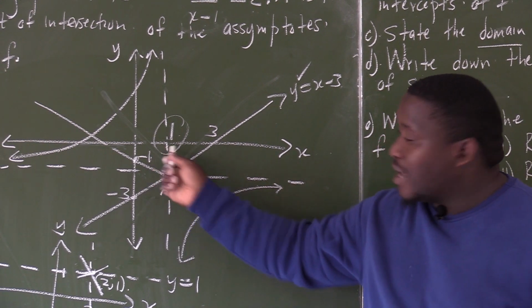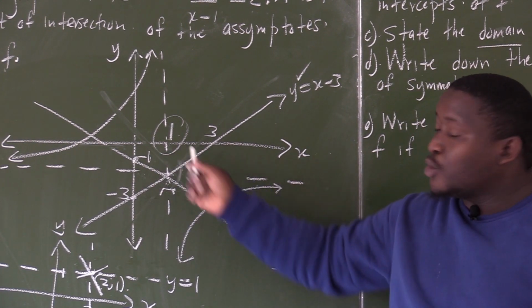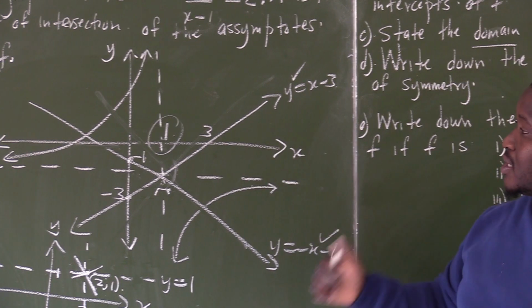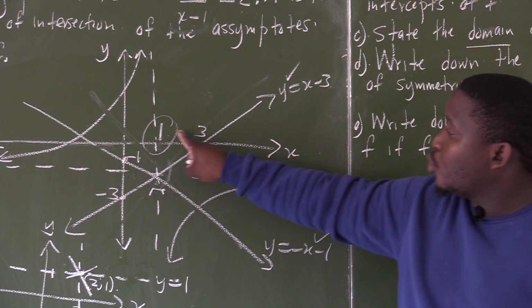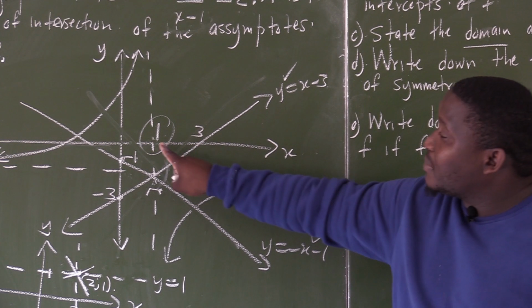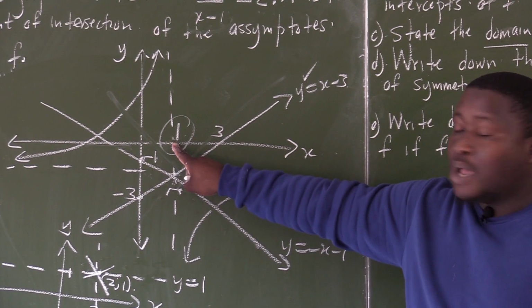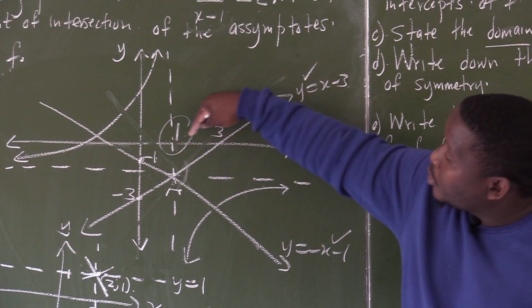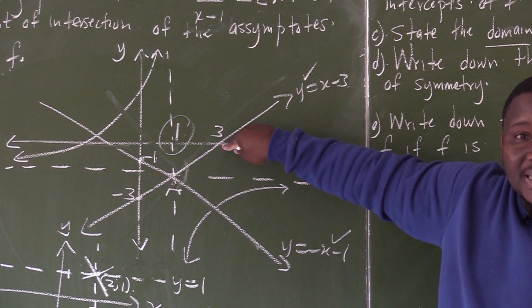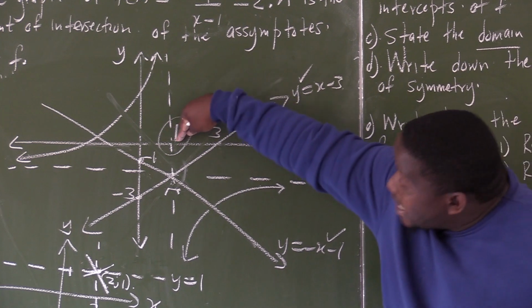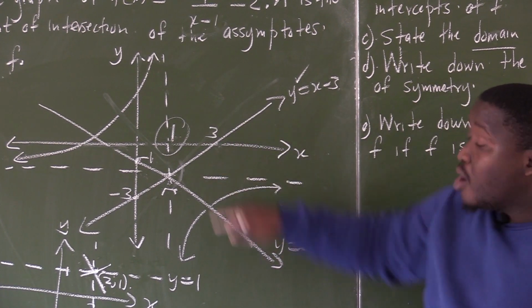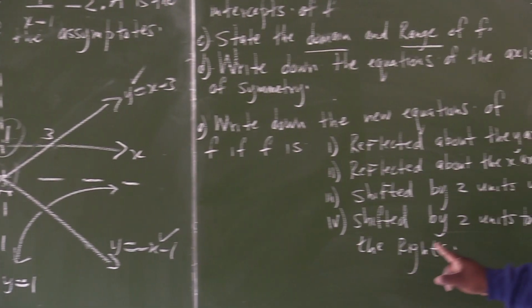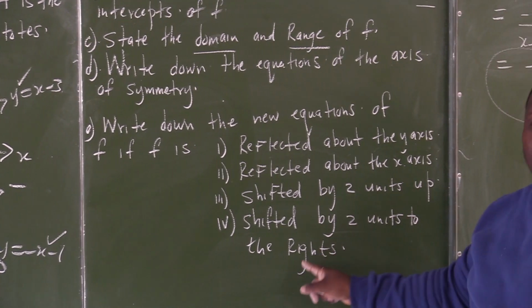If I'm shifting the graph by 2 units, it means this asymptote will no longer be at 1, but instead at 3, because there is a horizontal movement of 2 to the right.